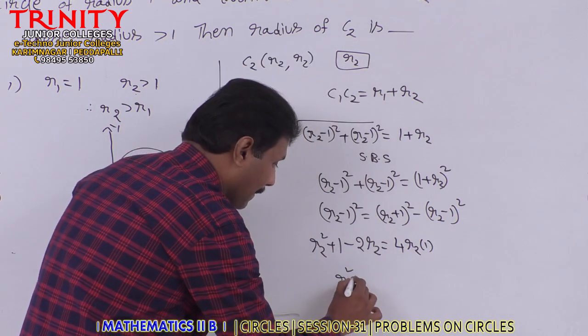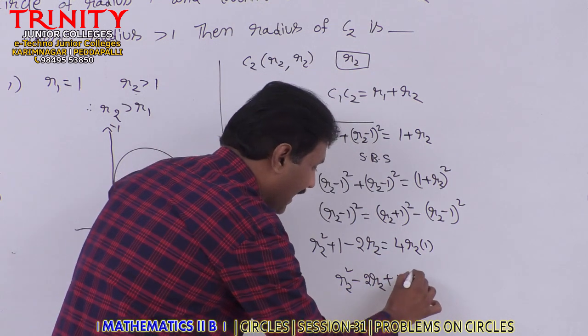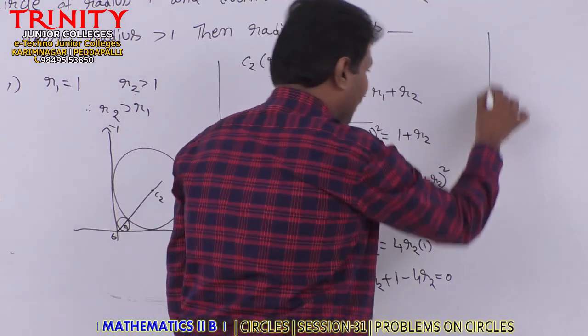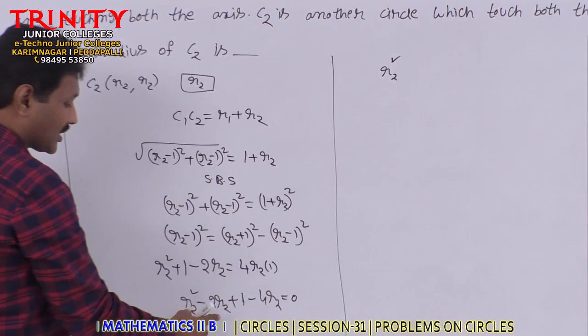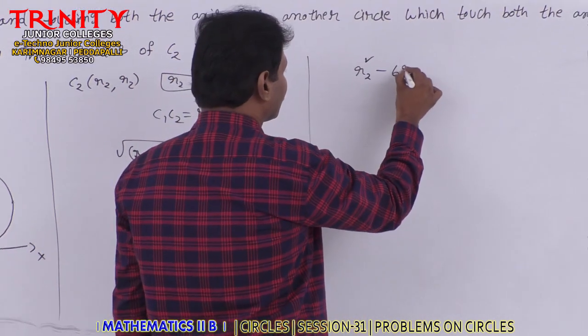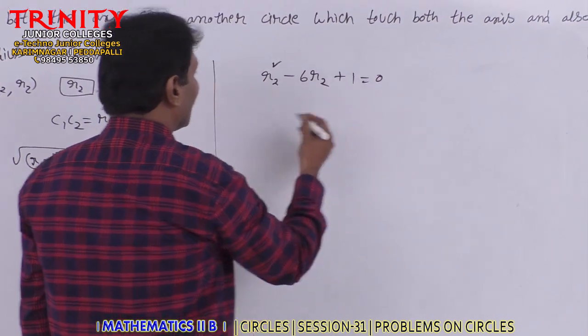So R2 square minus 2R2 plus 1 minus 4R2 equals 0. That implies R2 square minus 6R2 plus 1 equals 0.